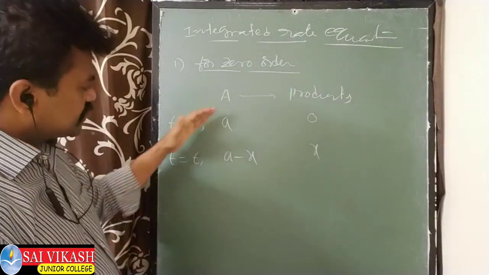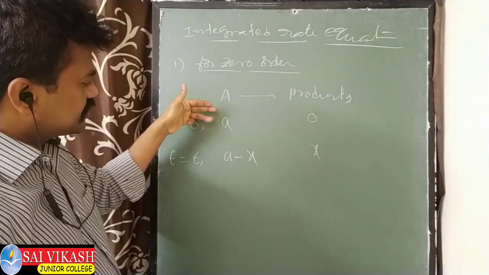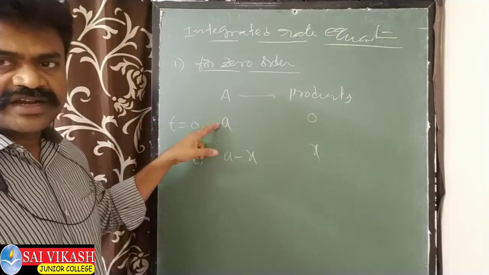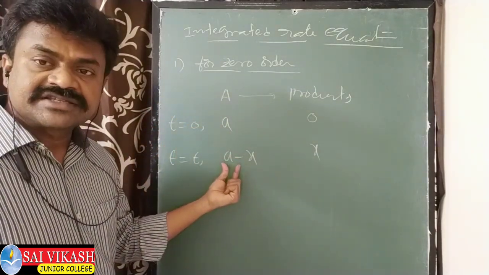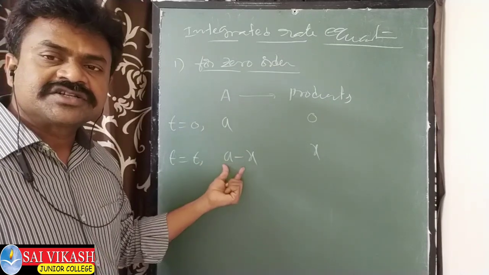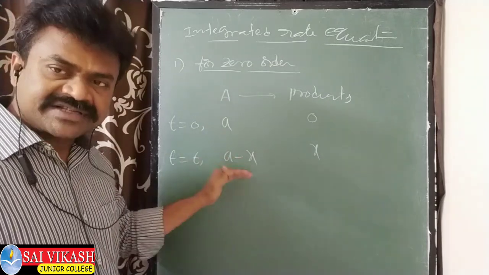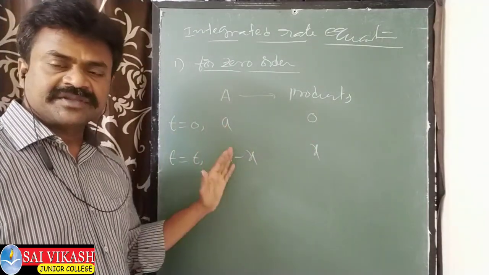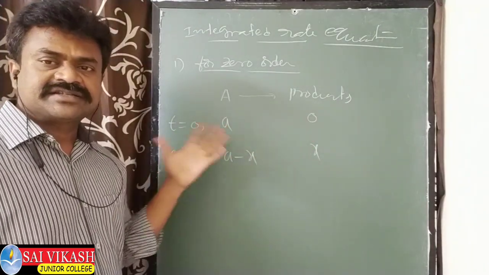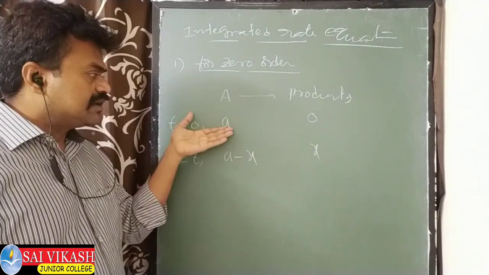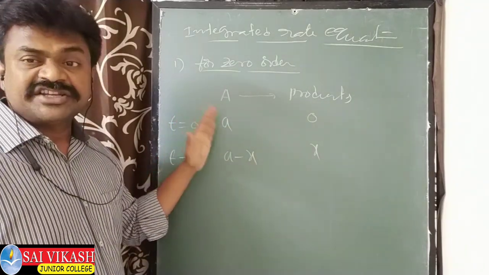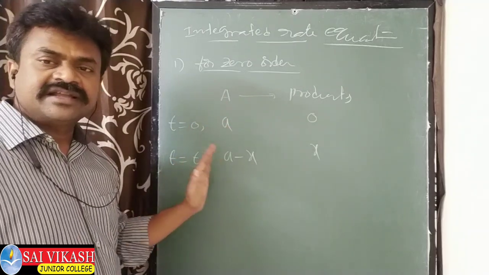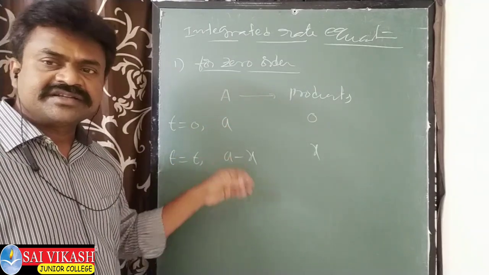See, these are the reactants concentration. a is the initial concentration of reactant. a minus x is the concentration of the reactant present at time t. So x is lost from the a, the left is a minus x. The initial concentration of reactant is a, at time t the left concentration of reactant is a minus x.